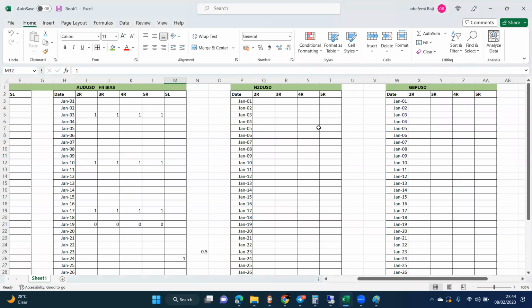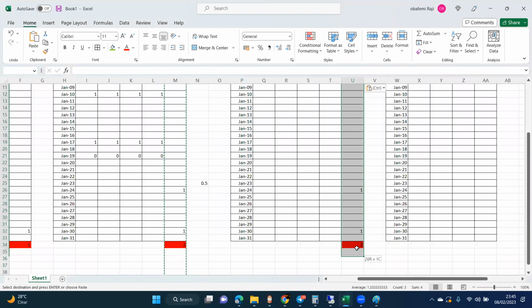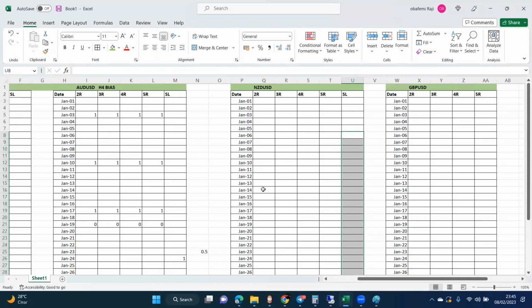So GU 5th of January was a losing trade, and 6th of January was an outright win.